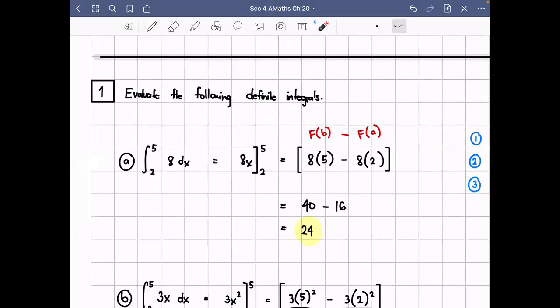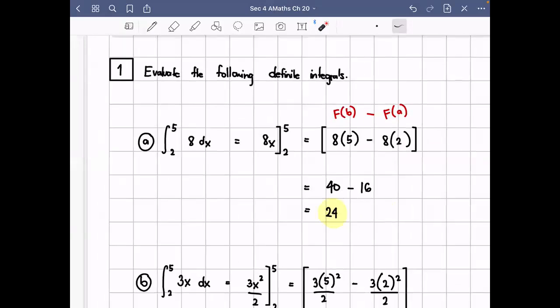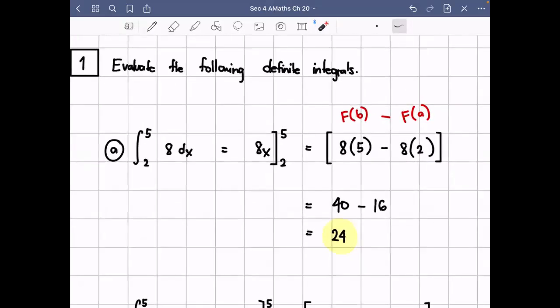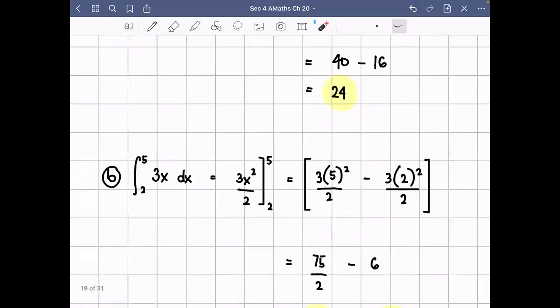Do you have any question for this one? We just plug the upper and the lower limit into x, that's it. I think this one is understandable. So let's have letter B.